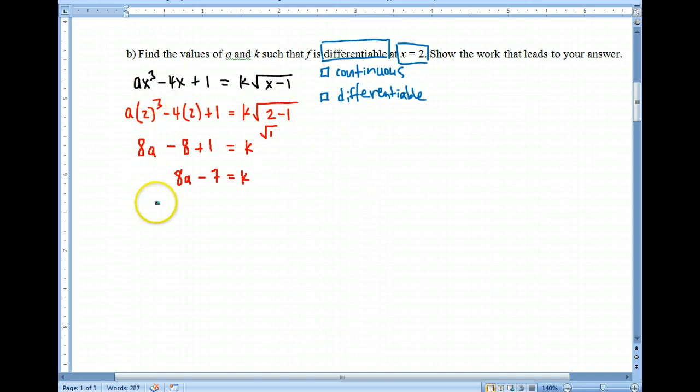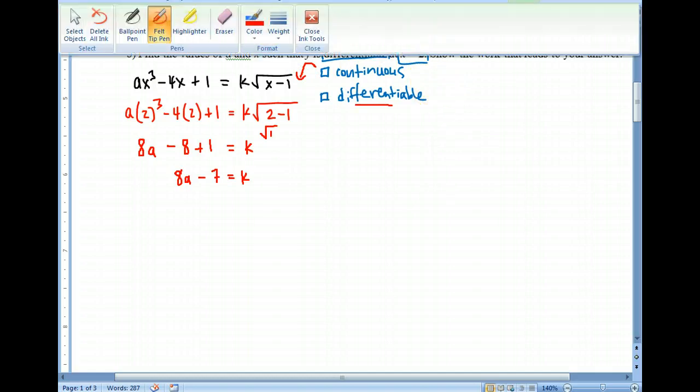What we're doing is setting this up, and this condition needs to hold. What we're going to do is look at differentiability, set the derivatives equal to each other, and then something will make itself obvious. So right now, this was working with whether or not it's continuous. We're going to now look at differentiability.